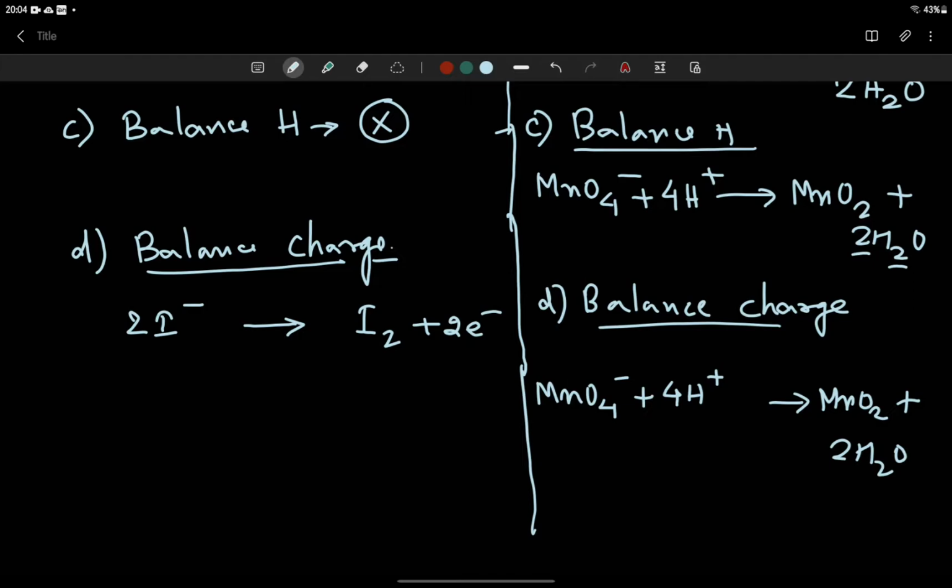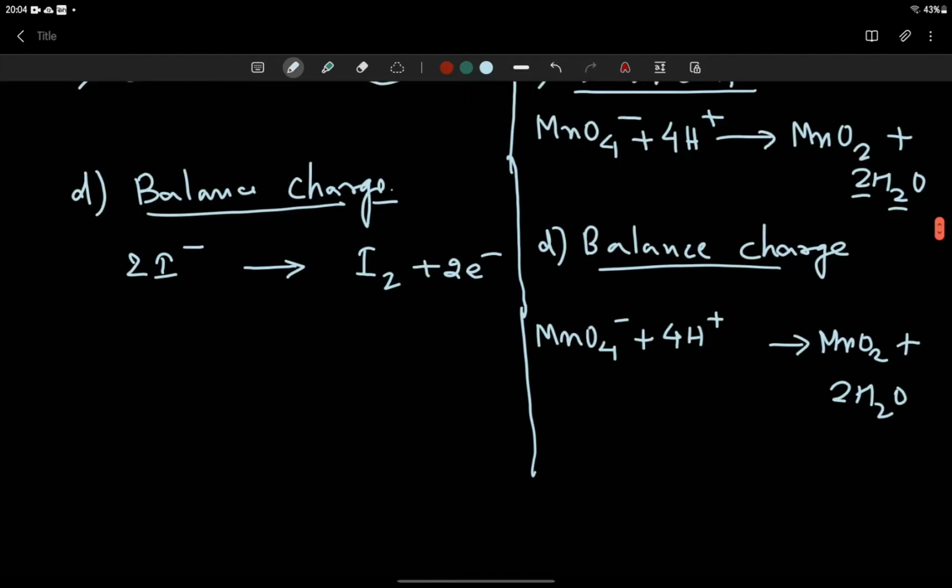Now here just see, in this equation I have 1 negative charge and 4 positive charges in the reactant side, but in the product side I have no charge. Now it is unbalanced, right? Means this product side is neutral, but the reactant side has charge in it, so I have to balance it. Now how do we balance it?